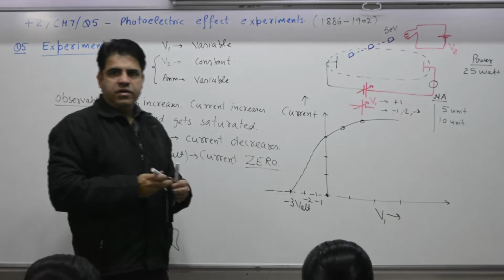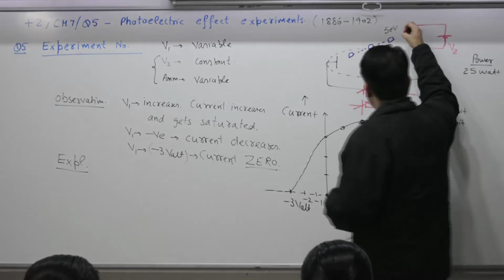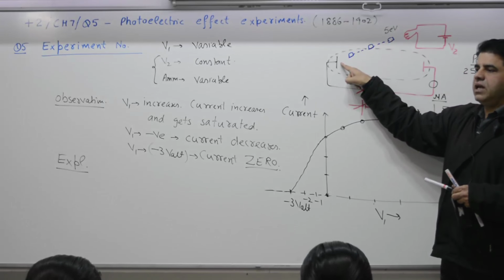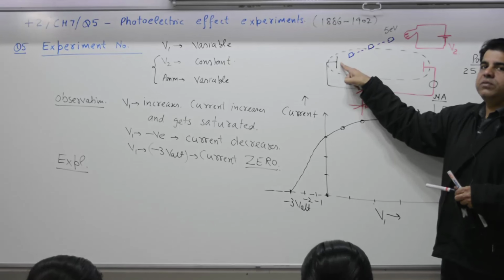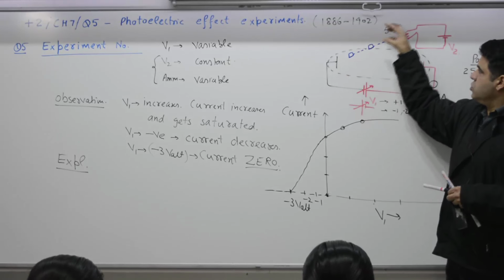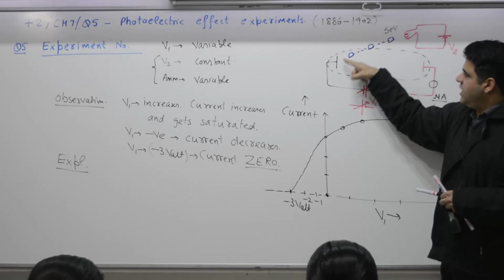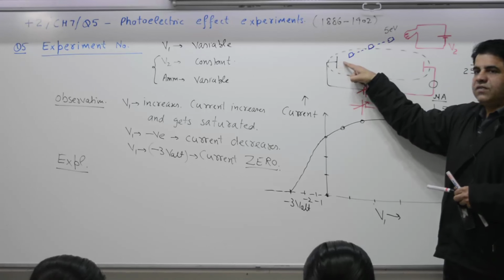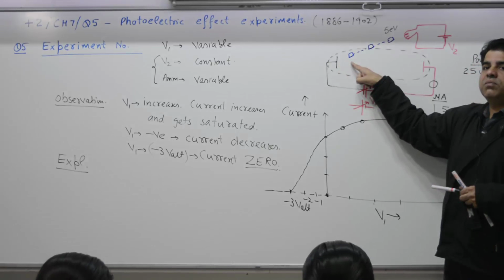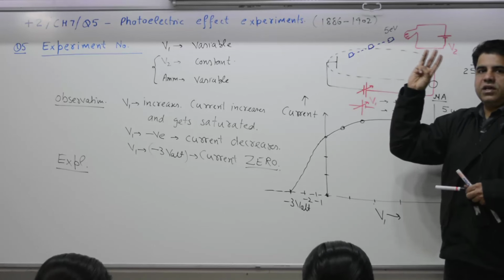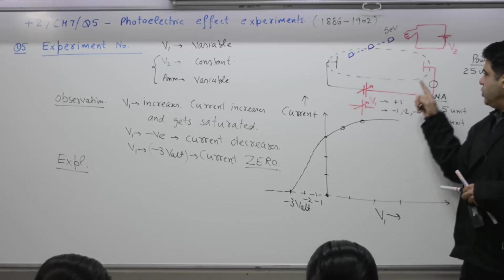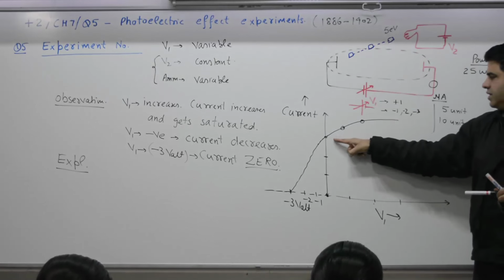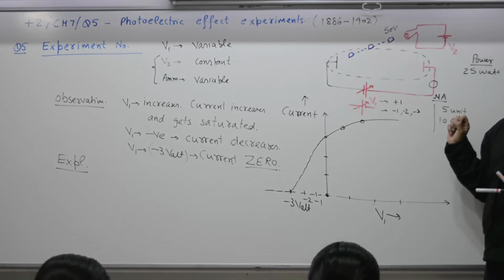If a 5 electron volt photon hits the surface, and suppose the work function of the metal surface is 2 electron volt, the electron is ejected from the surface, and that electron will have a maximum possible energy of 3 electron volt. When you make this plate positive, you are attracting the electron. That is why the current increases.